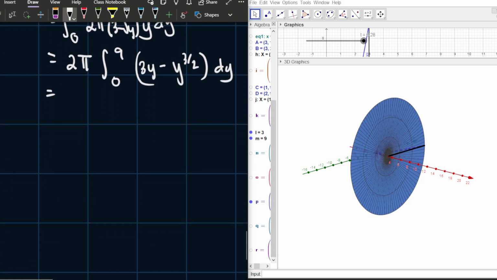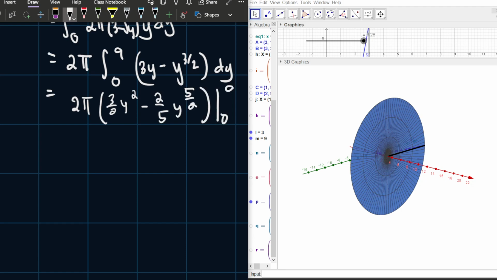Apply FTC2. So 2 pi, 3 halves y squared minus 2 fifths y raised to 5 halves, evaluated from 0 to 9.